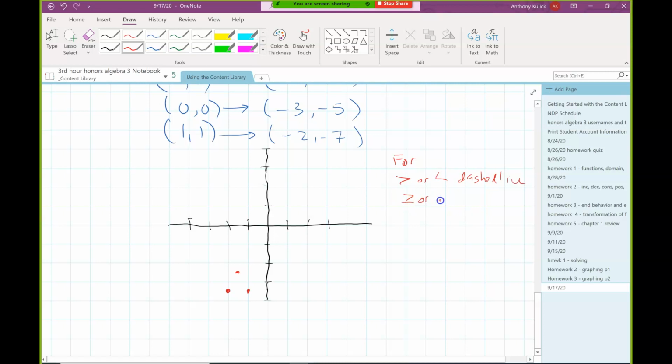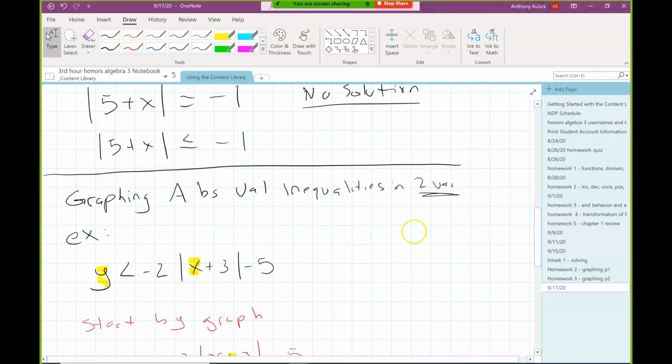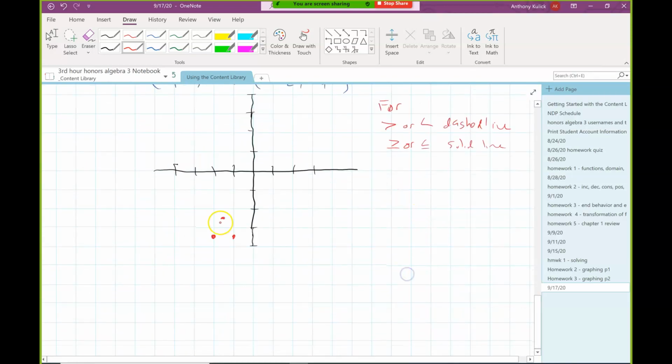For a greater than or equal to, or a less than or equal to, we're going to use a solid line. So in this problem, I forget already what we wrote down. It was a strict less than, so here I'm going to be using a dashed line. Everybody okay there?